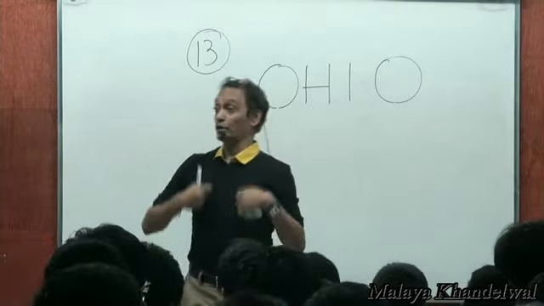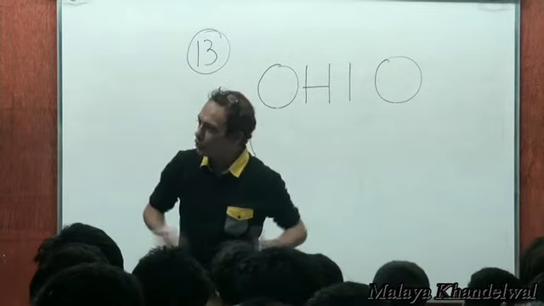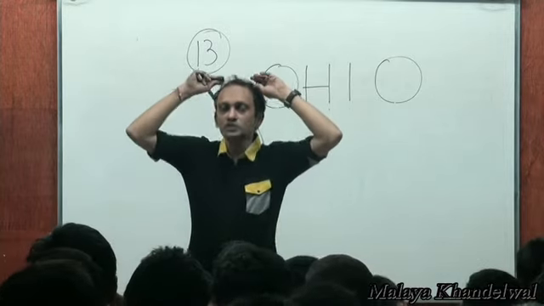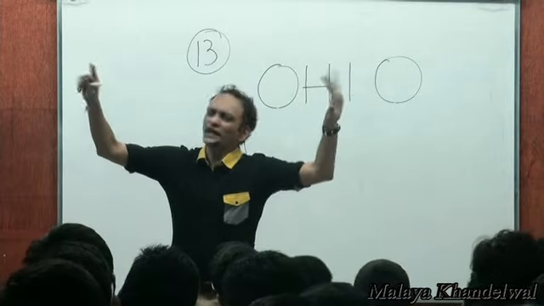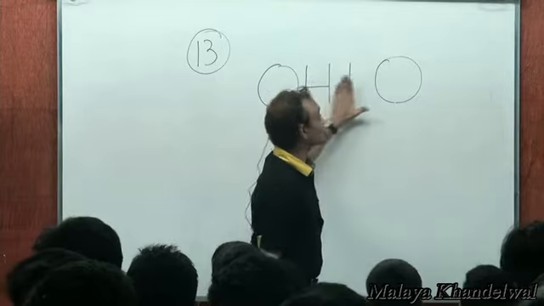I want to create permutations of these. When I say create permutations, it means create all possible arrangements. Now, if they were all different, then it would have been 4 factorial ways in which I could have arranged these 4 letters.